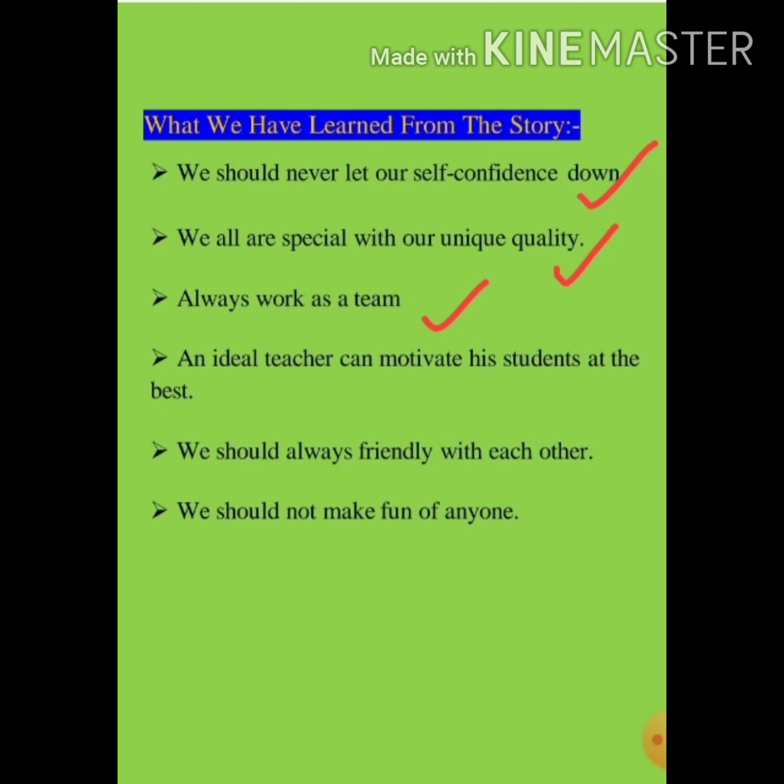And this story also makes us learn that an ideal teacher can change anything, as Mr. Bhair brought back Nat's energy and self-confidence. We should always be friendly with each other. We should never fight.